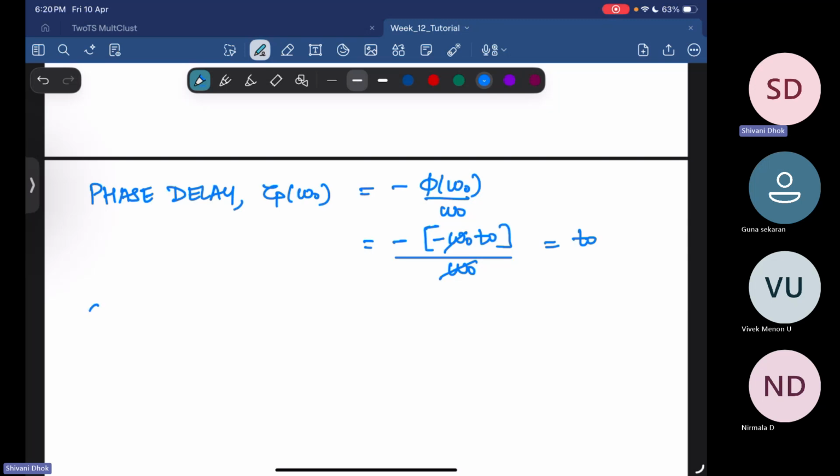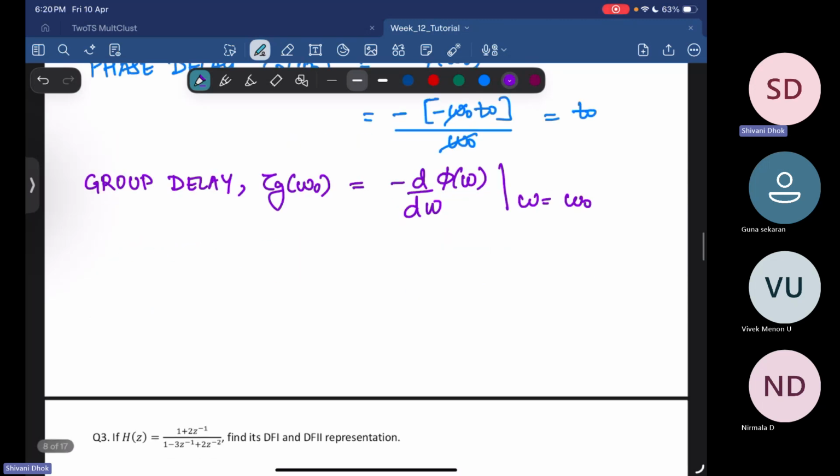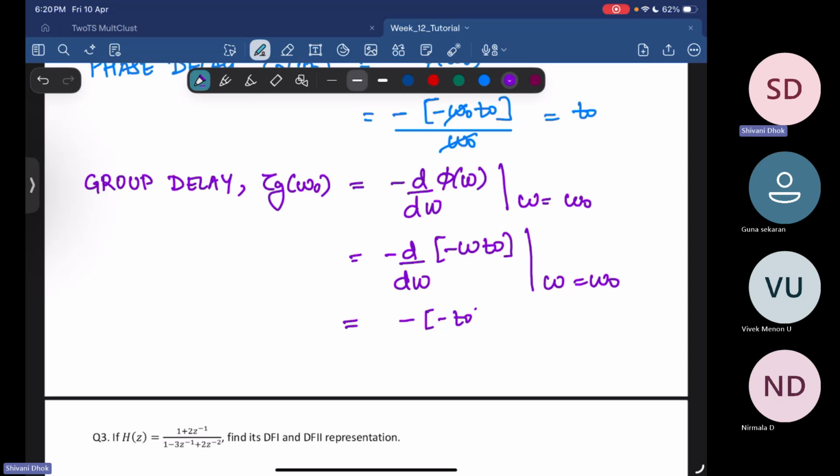And then we can find out the group delay, which is minus d by d omega of phi of omega evaluated at omega equal to omega naught. So this is equal to minus d by d omega of minus omega t naught at omega equal to omega naught. This derivative is basically minus of minus t naught.